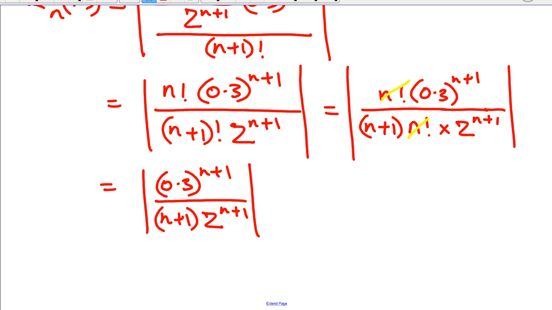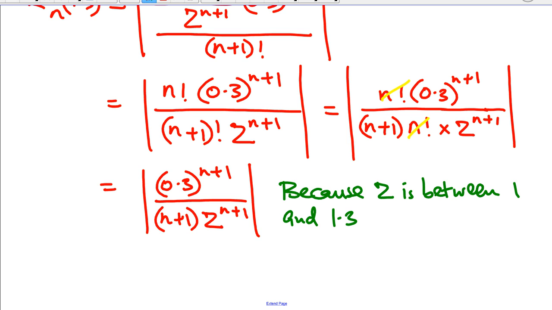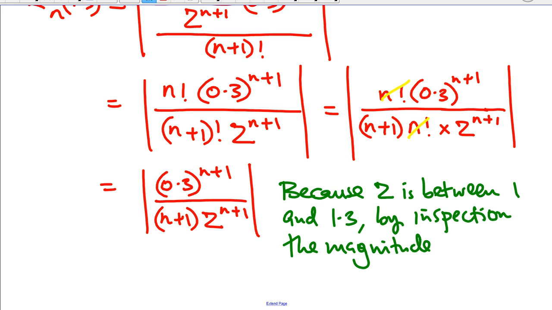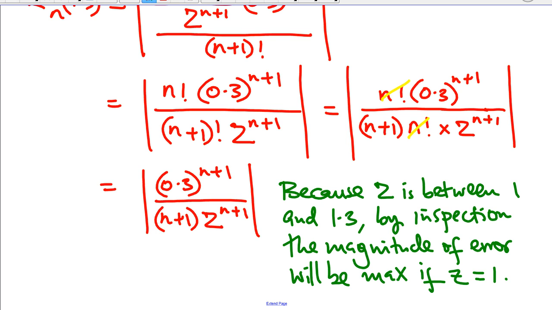So let me just write that statement here: because z is between 1 and 1.3, by inspection, the magnitude of error will be larger or maximum if z is equal to 1.